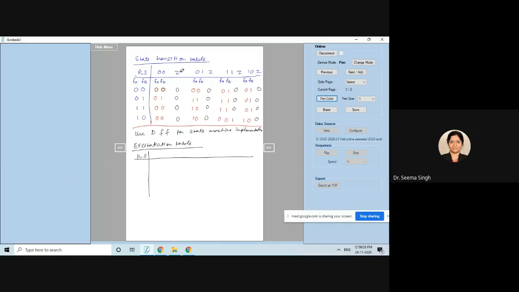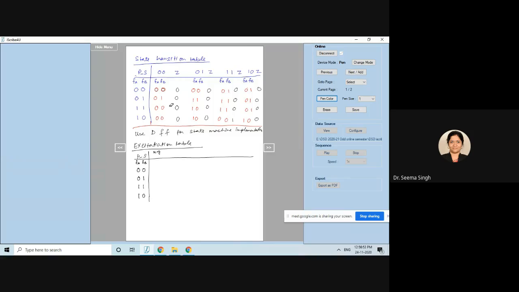You remember, this is what we did in counters also. If I want to change the present state from this to this, under this condition, what should be the input of the flip-flop? That is called the excitation table. So now I am writing my FAFB again. You will see that this time the table is simply being repeated.